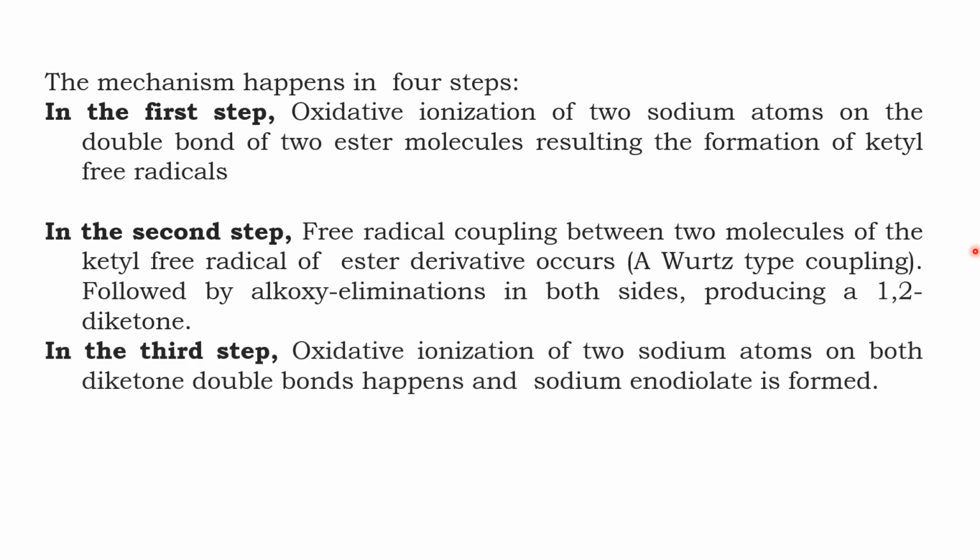In the third step, the first step repeats. That means sodium, Na, will convert to Na plus and give electrons to the double bonds of the ketone to form sodium enediolate. So a sodium enolate, a disodium enolate, will be formed.